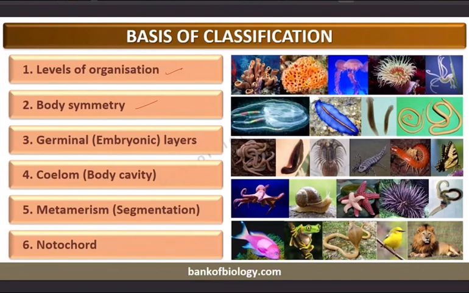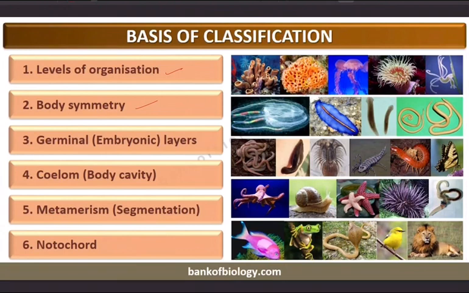And then we come to the germinal layers or embryonic layers. Animals in which the cells are arranged in two embryonic layers, as all of us know, the outside one is the ectoderm, the inside one is the endoderm. Ecto means outside, endo means inside. So we have ectoderm and endoderm.